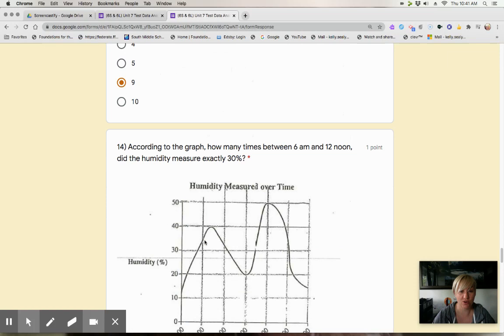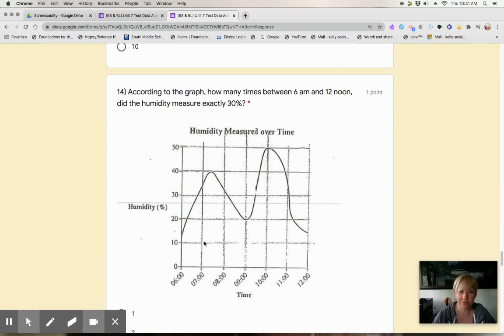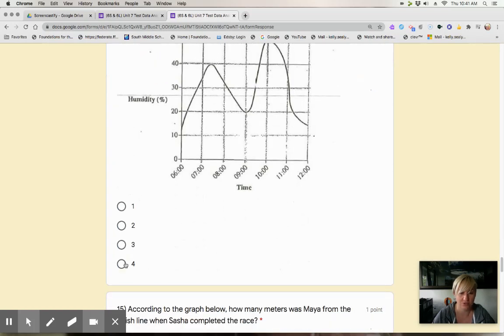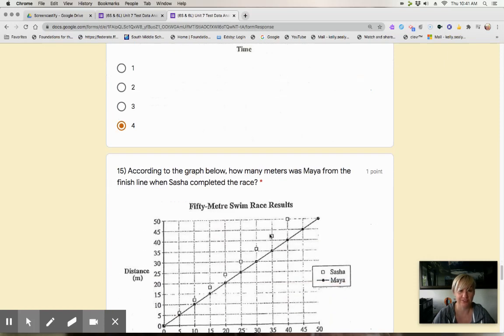Okay, question 14. According to the graph, how many times between 6 a.m., this time right here, and 12 noon, this time right here, did the humidity measure exactly 30%, which is this line right here? Basically you have to count how many times the dark line crosses the 30 line. Here's 1, here's 2, here's 3, here's 4 times that line crosses the 30% line. So you select 4. Okay, question 15.